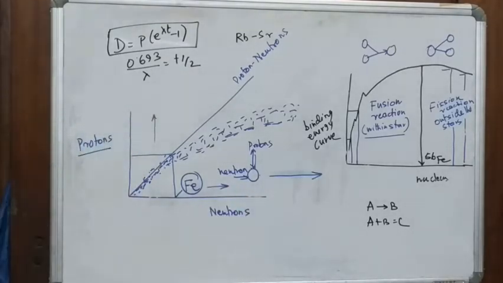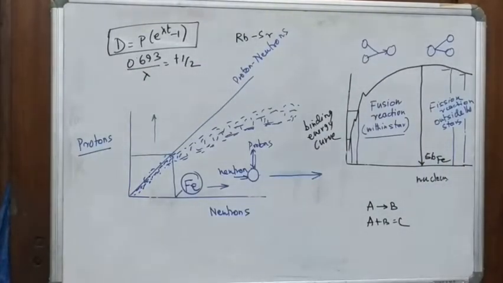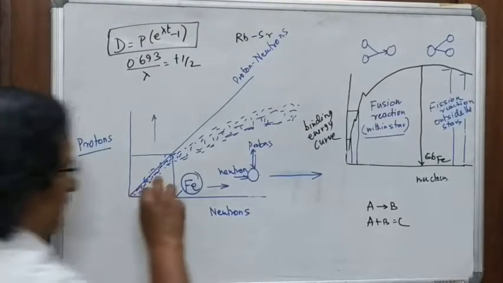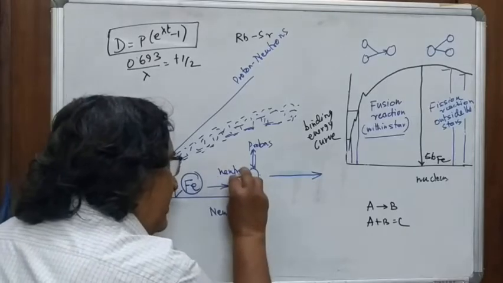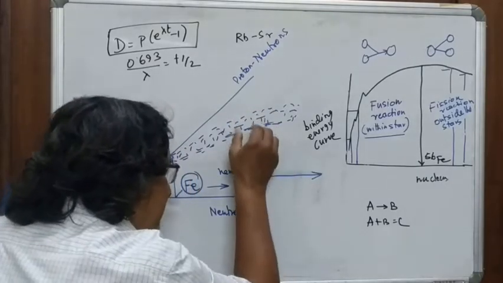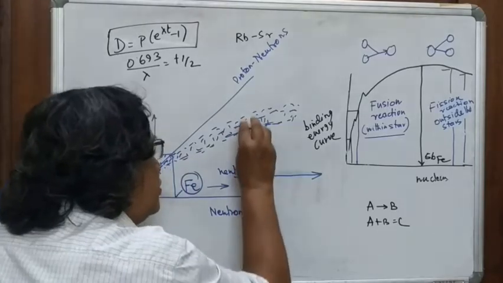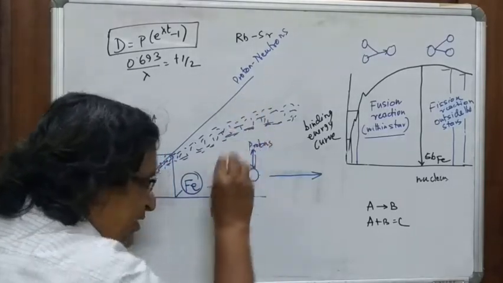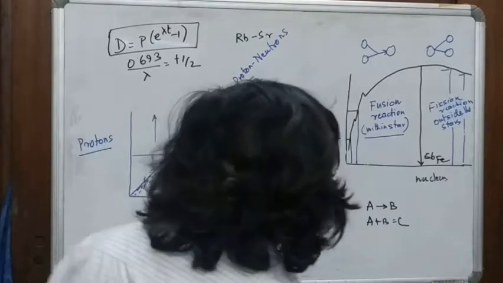This is what happens. I hope you get it: if more neutrons are bombarded, these become neutron rich radionuclides, and if bombarded by protons, they become proton rich nuclides. If you do that, then there is a problem.